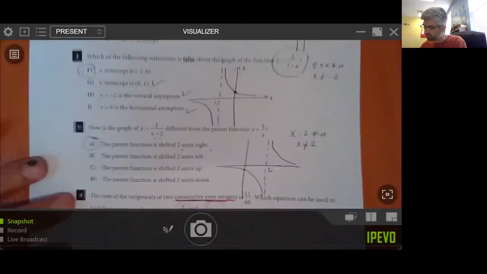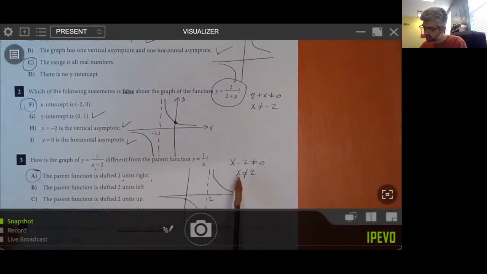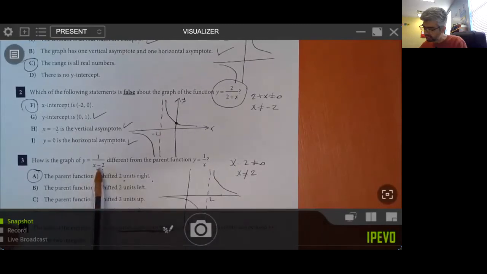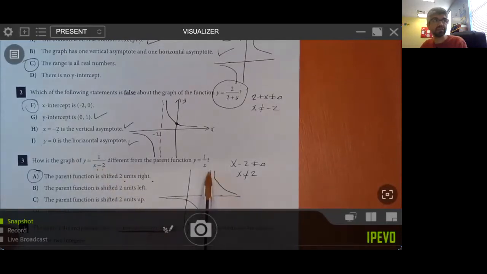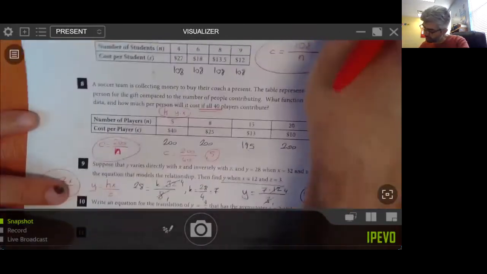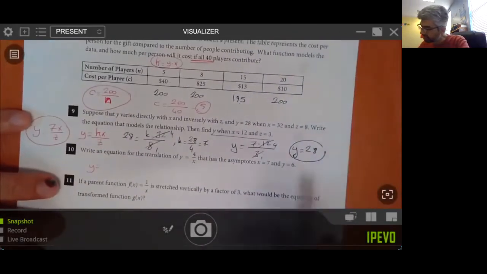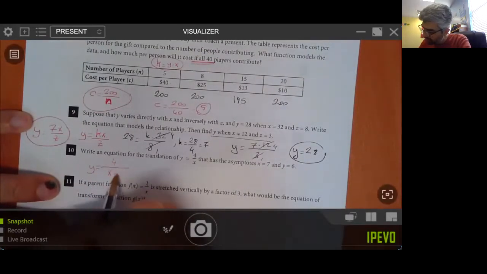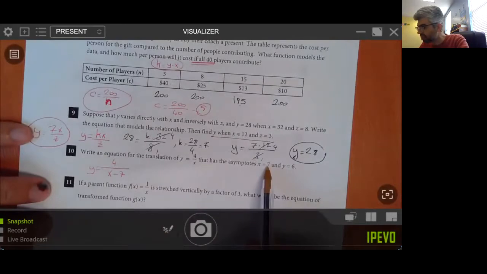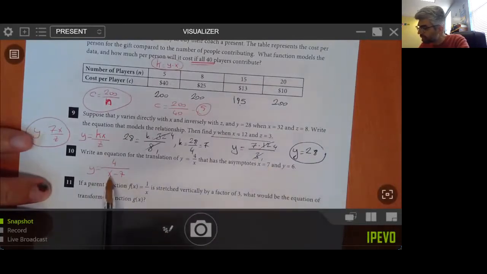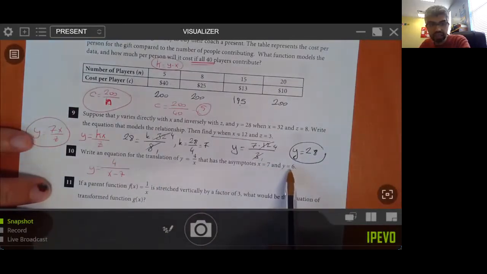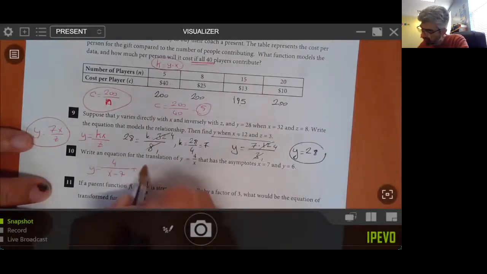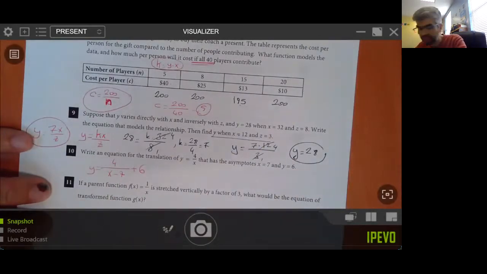If you look at the asymptotes, the root of the denominator actually gives the vertical asymptote, right? So here, since x is 7, I will have 4 over x minus 7. It means 7 is the vertical asymptote. And y equals 6 means plus 6. That's it.